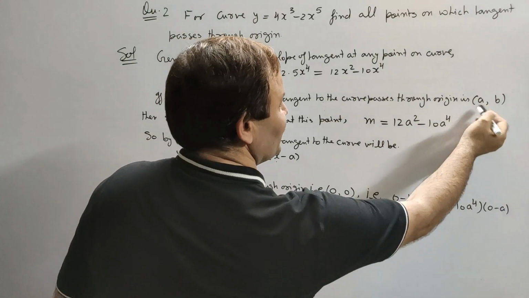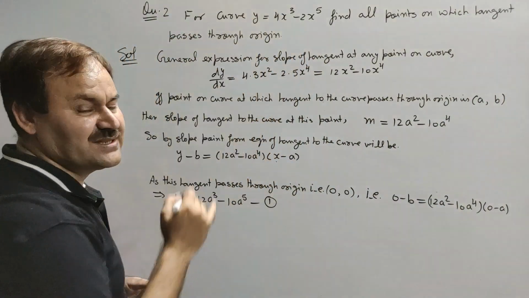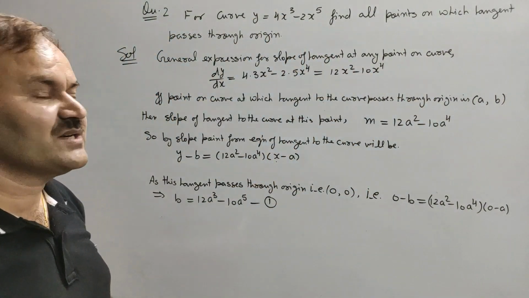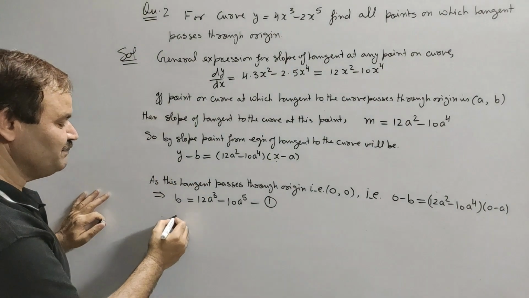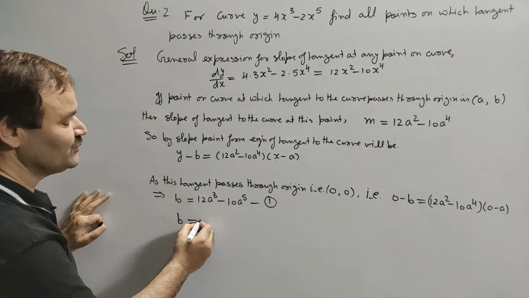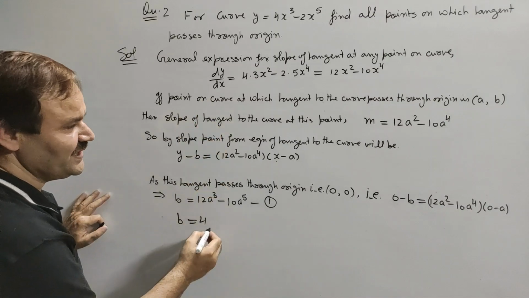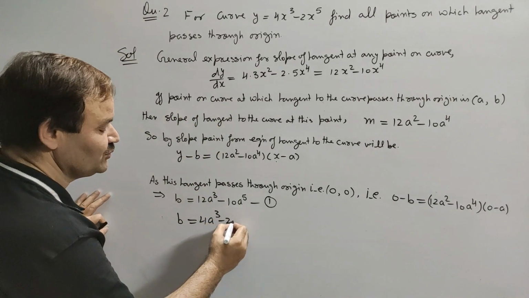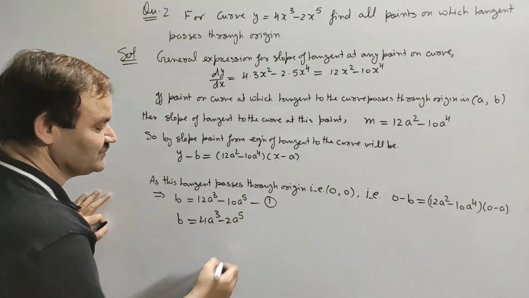As this point a, b lies on the given curve, the point will satisfy the curve, that is b must be equal to 4a cube minus 2a to the power 5.